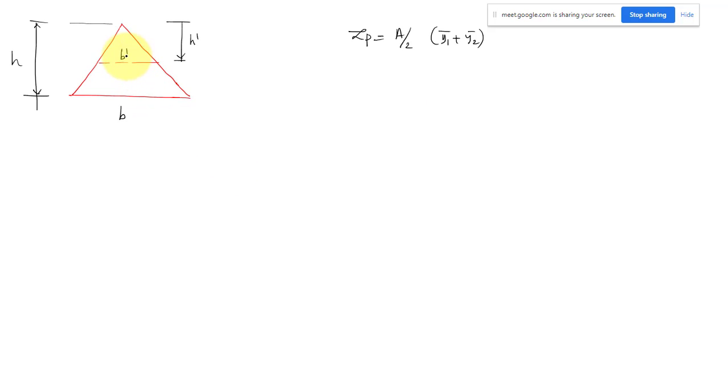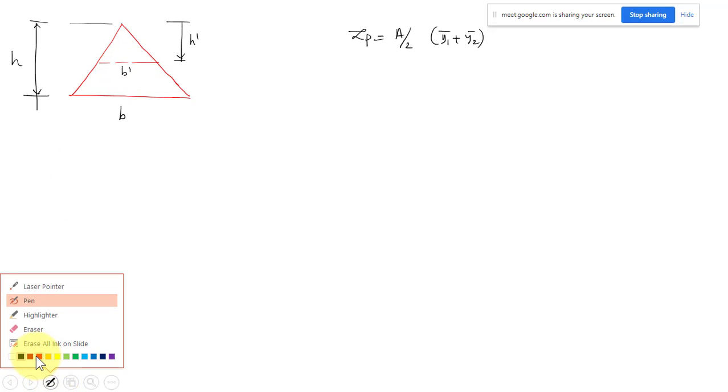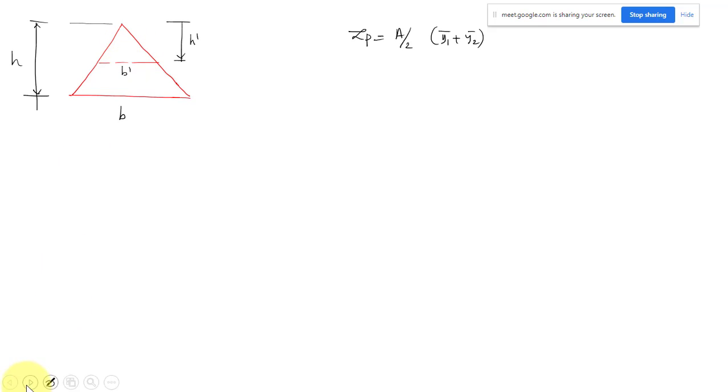Let us take this as b dash. The y1 will be simple. This is the centroid of the compression area, which is called y1.